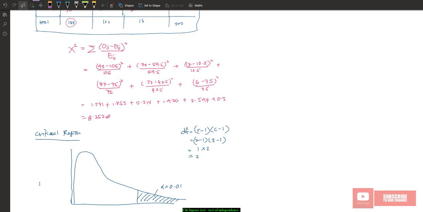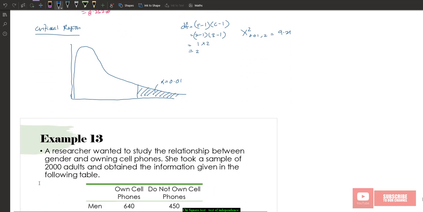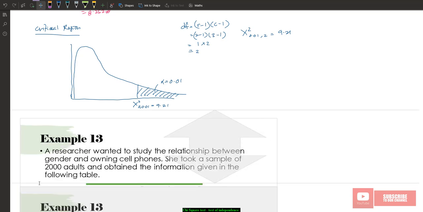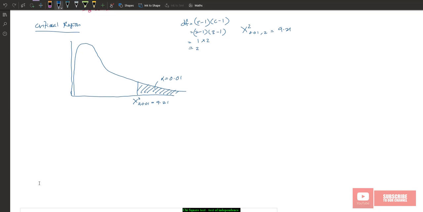So our degree of freedom is equal to 2. The chi-squared 0.01 with 2 degrees of freedom should be 9.21. So our critical value is 9.21.